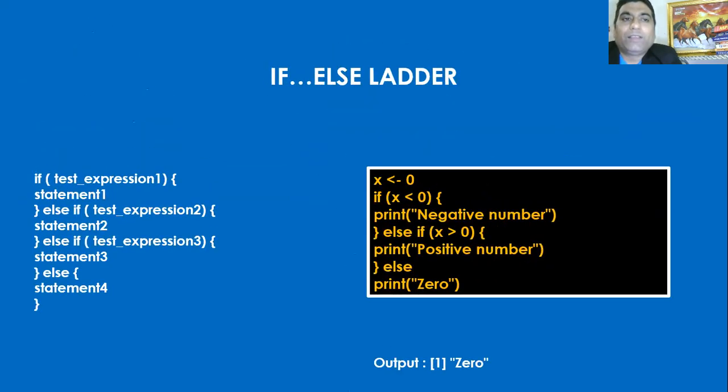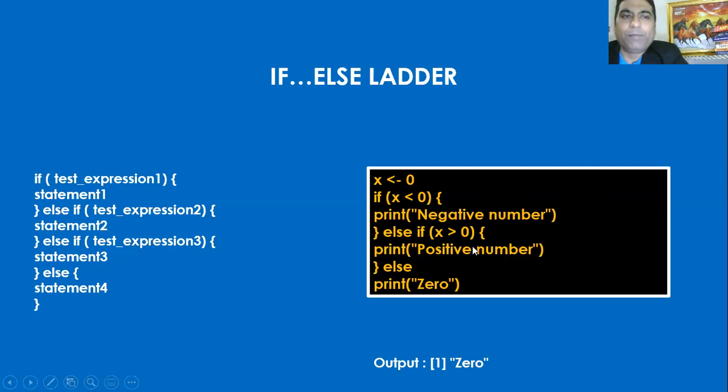Another is if else ladder. I have tried to explain: test expression 1, else if expression 2. Here there will be multiple conditions assigned in if and else if, and the last one is else. If any one condition defined in if or else if fulfills the criteria, then that particular code block will execute, else the last code block will be executed.